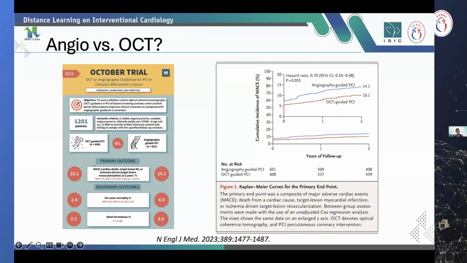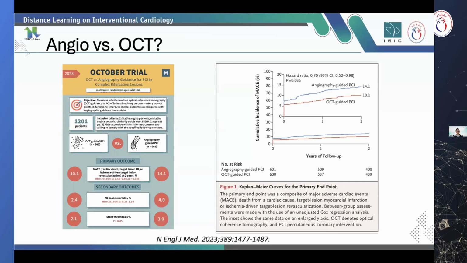The primary outcome was a composite including cardiac death, target lesion myocardial infarction, or ischemia-driven target lesion revascularization. As you can see, OCT-guided PCI was significantly associated with a better primary outcome.